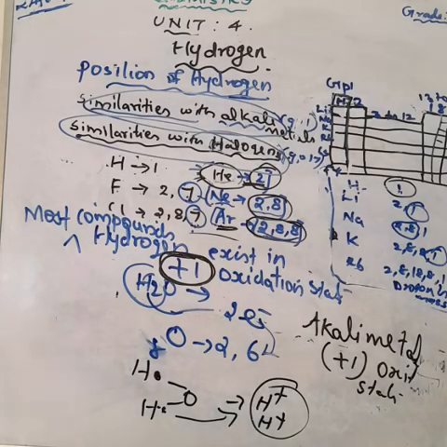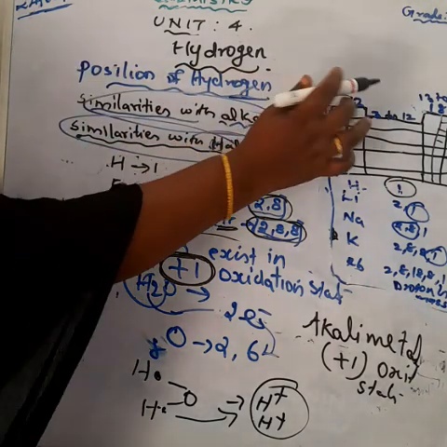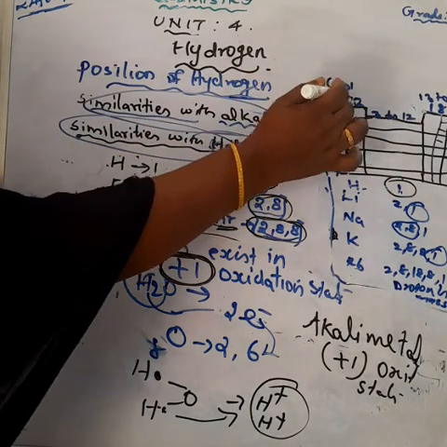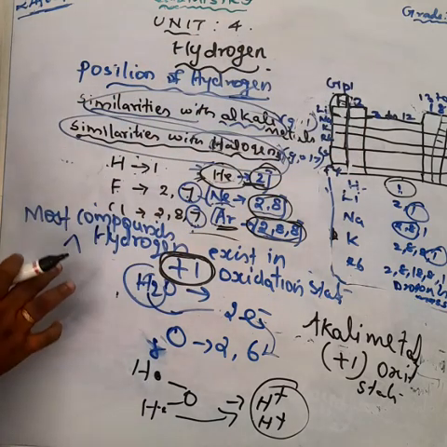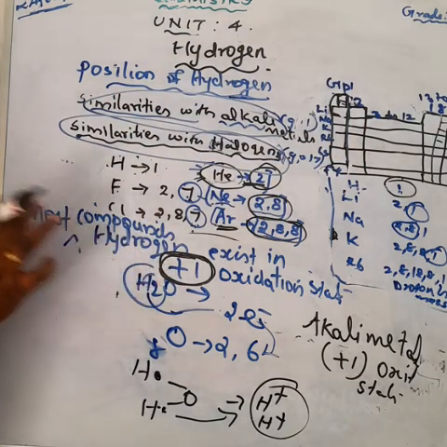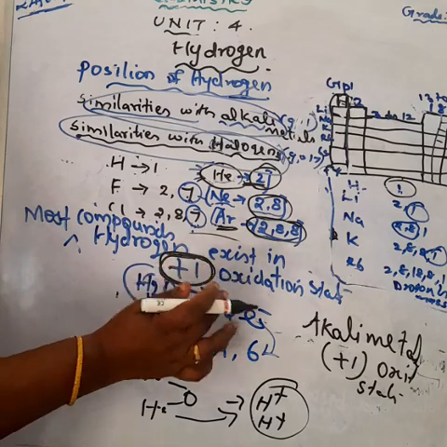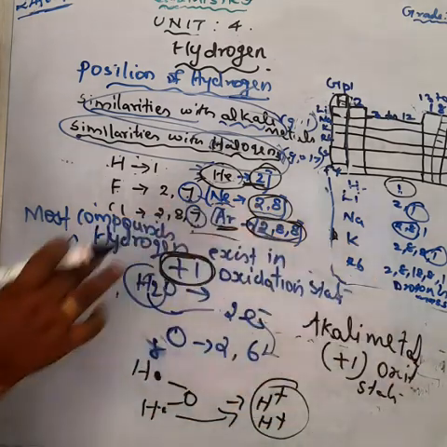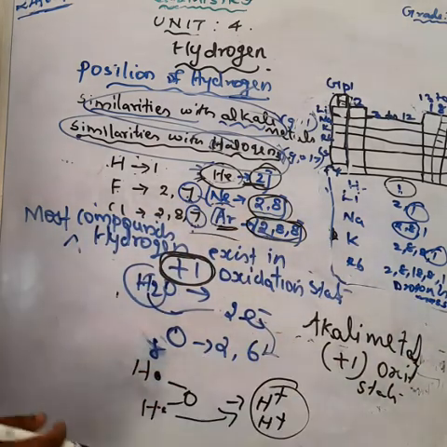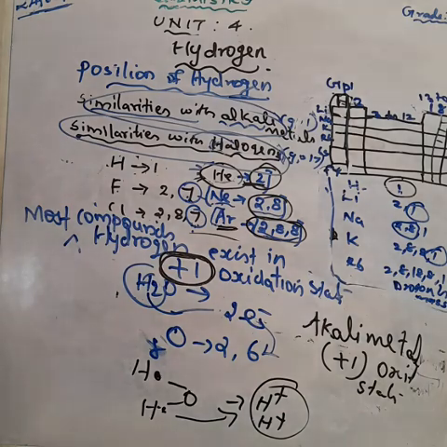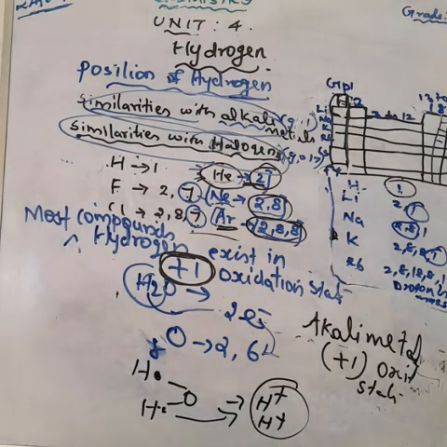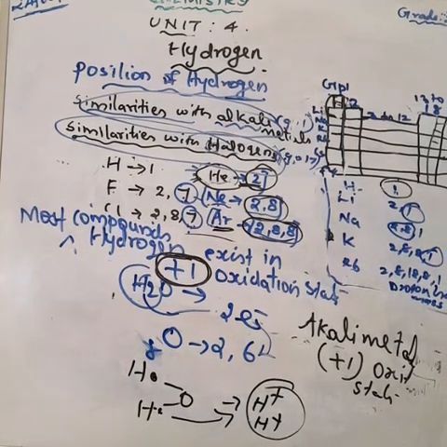What is the main reason to place the hydrogen atom in group 1? Because in most of its compounds hydrogen exists in the +1 oxidation state, like group 1 alkali metals. Understood? These are about the position of hydrogen in the periodic table.